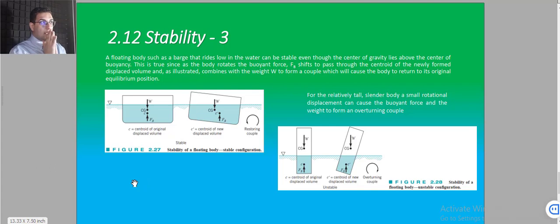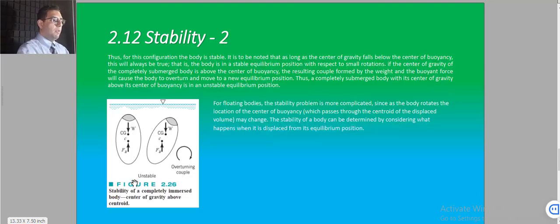There are some specific situations to talk about the stability. If you have a thin body and also the center of gravity is over the center of buoyancy, it could be restored. It is not a big thing, as long as we have told that if the center of gravity is above the center of buoyancy, it is going to be an overturning couple.